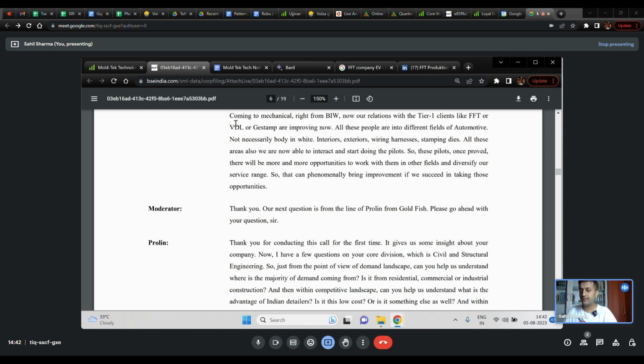So now they're saying that their relationship with FFT, VDL, or GE Stamp are improving. These clients are into automotive, not necessarily body in white, but interior, exterior, wire harnessing, stamp dies, right? So I think even in mechanical, what they are pointing out is that they want to increase the capabilities.